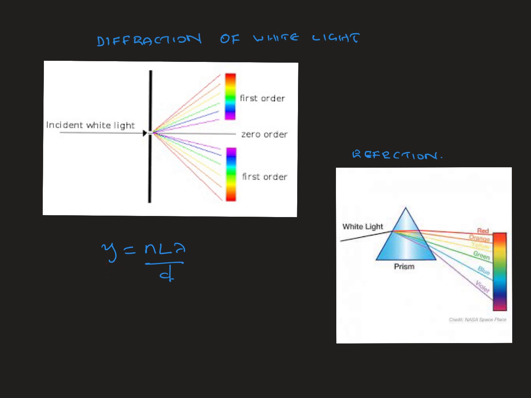But interestingly, if you look at refraction, not diffraction, a white light going through a prism, in that case, red light bends less compared to the violet or the blue. Why is that? Because that's the behavior of refraction in dense mediums, where the smaller wavelengths, that is blue and violet, bend more compared to red with a bigger wavelength. So it's important to differentiate these two.